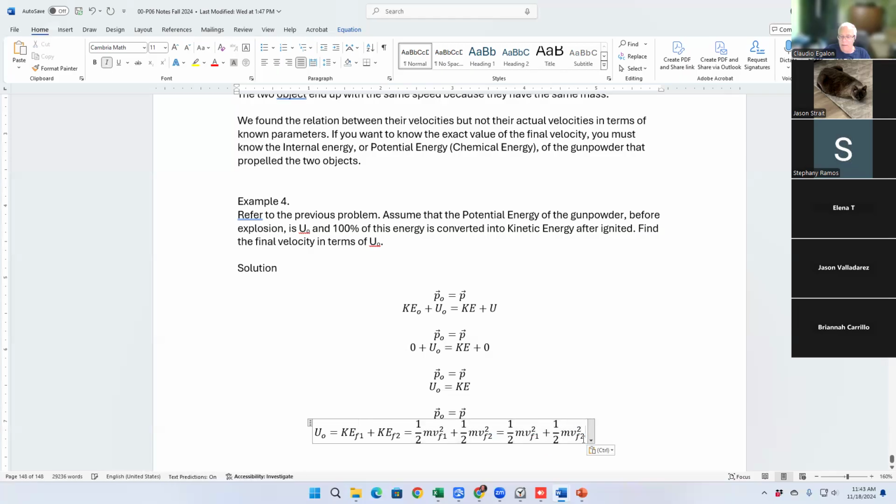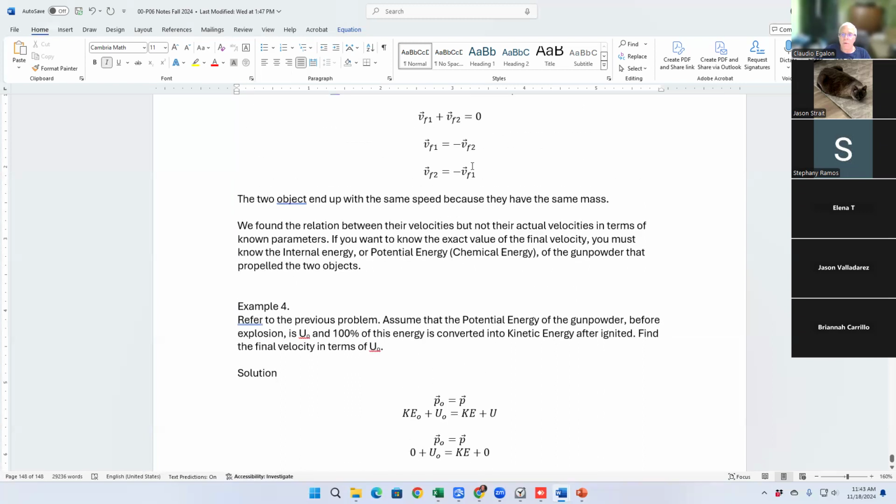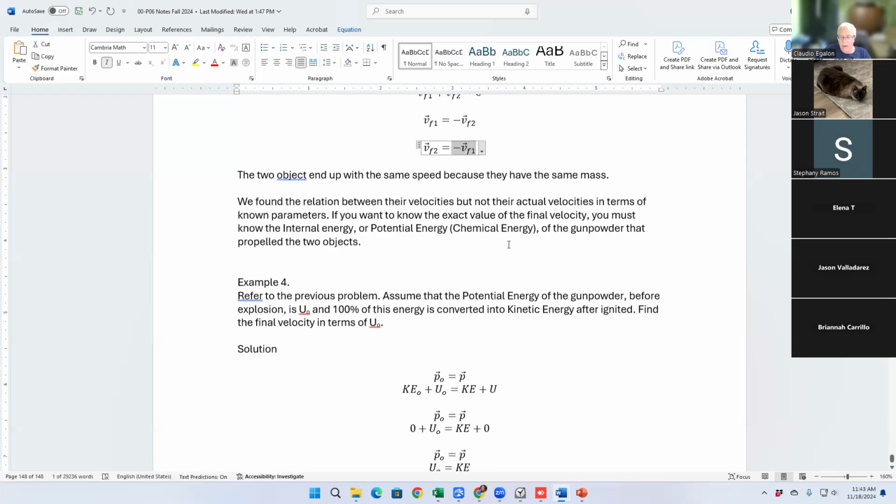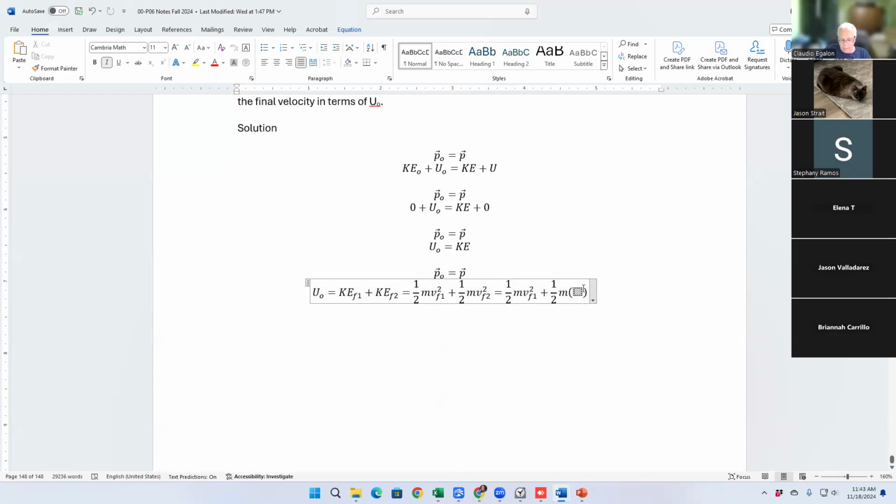But from the previous example, I learned that the velocity final of 2 is equal to minus the velocity final of 1. But let's not forget that this term must be squared. And when this term is squared, the negative sign becomes positive, and we have exactly the same parameter, the same equation, right? Now I have half of something plus half of the same thing.